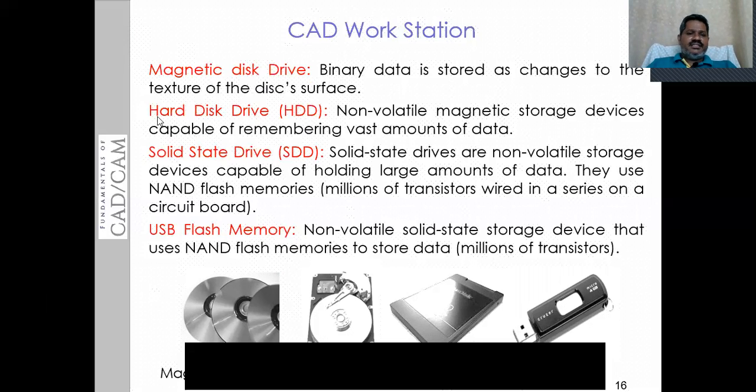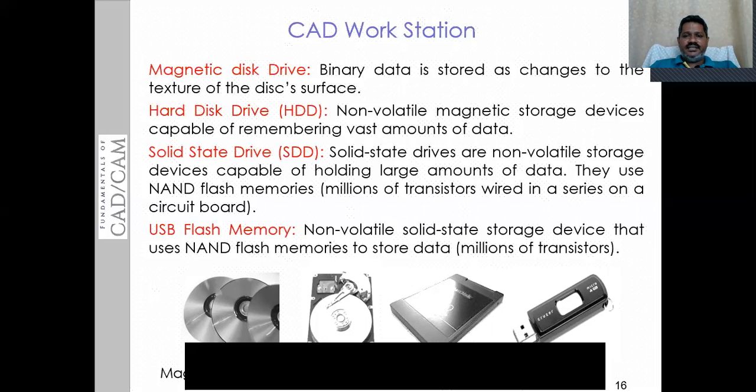Then you have the hard disk drive, HDD. This hard disk drive is used in the computer CPU. Every computer CPU contains a hard drive. The specification of the computer is also based on the memory of the hard disk drive, how much data this HDD is going to store.